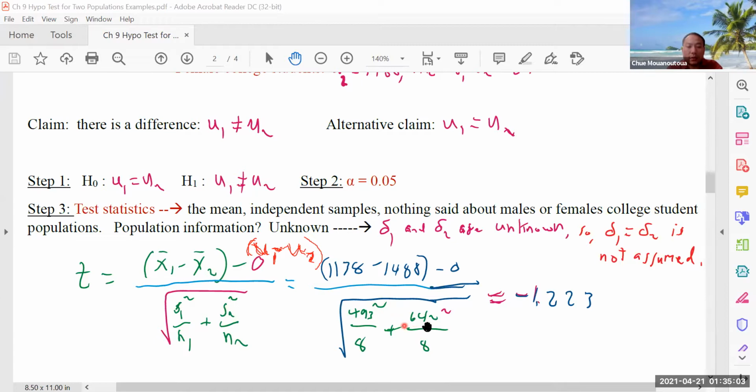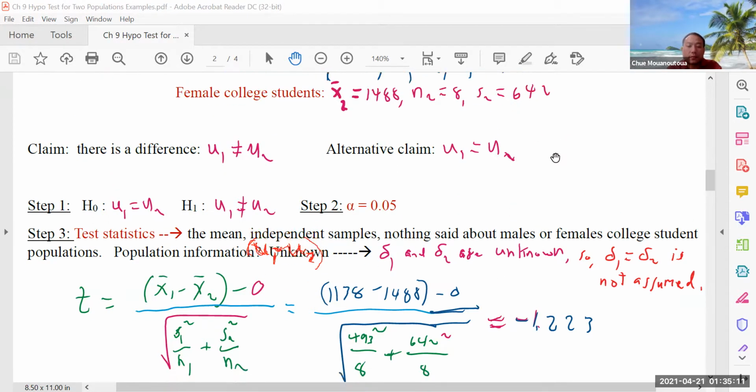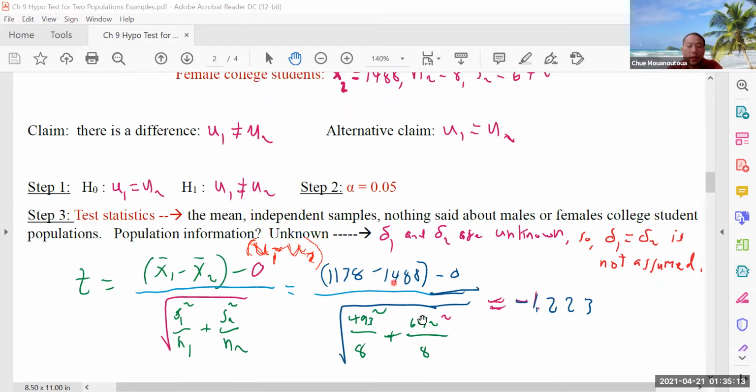S2 squared is 642 squared, because S2 is 642 right here. N2 is still 8. When you put this into your calculator, you should get about negative 1.223.